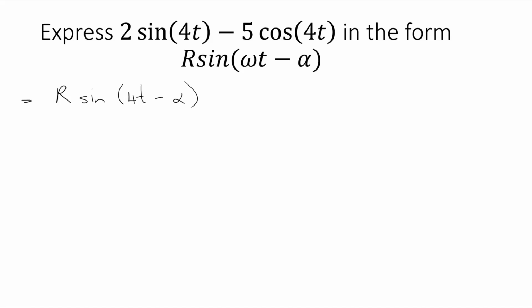Now it's the same as in the previous video. We can use the expansion that you've got in a list in your textbook, wherever, that will be able to then make the comparison. I'll just write this one out again.